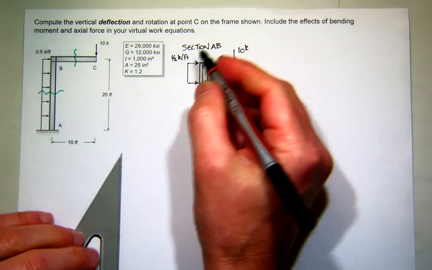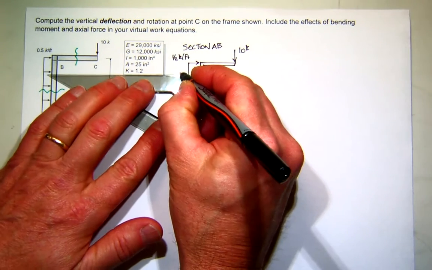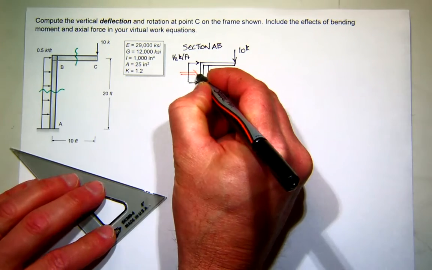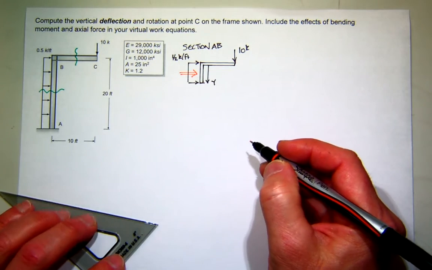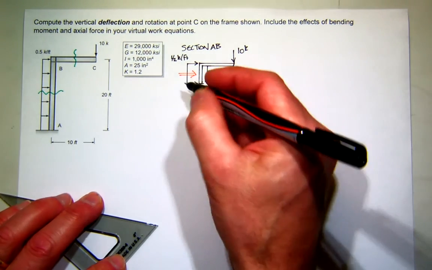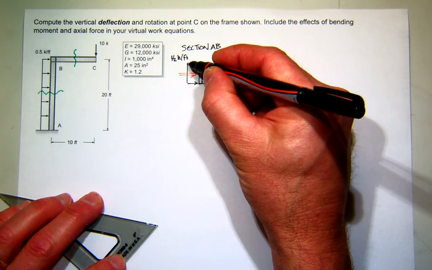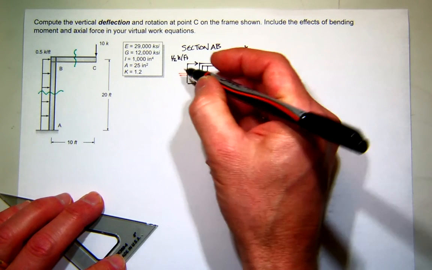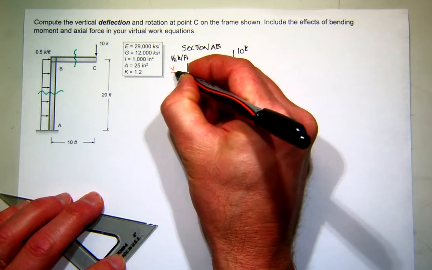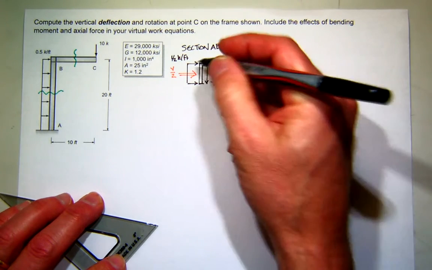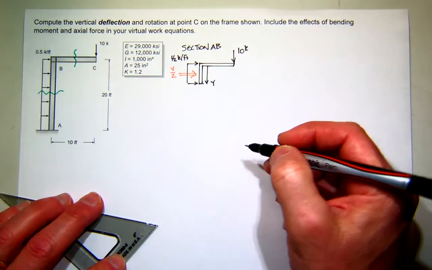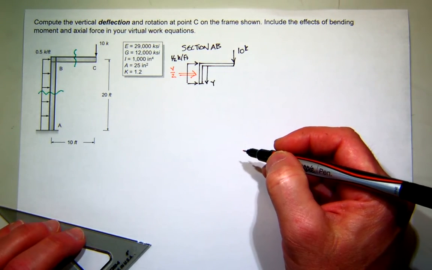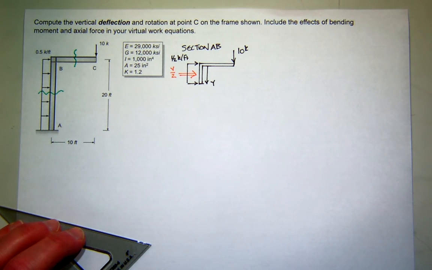So now I'm going to come up with the concentrated equivalent force for that section. And what would it be? It's going to be the height, which is a half kip per foot, times the distance y. So really it's going to be y over 2. And the distance to the centroid is also y over 2. Everybody see that?